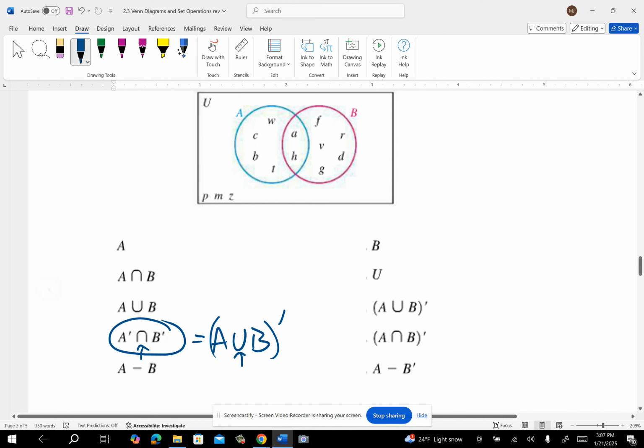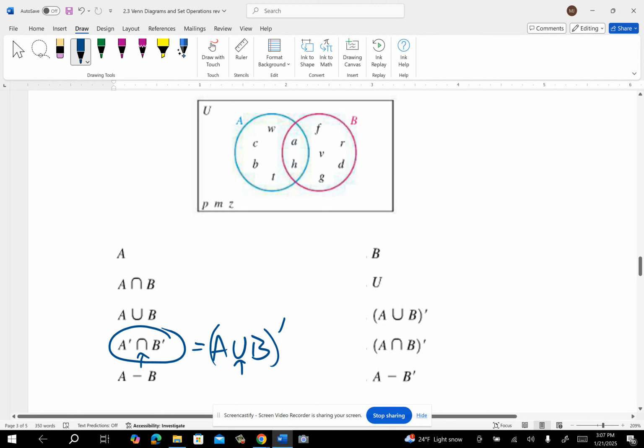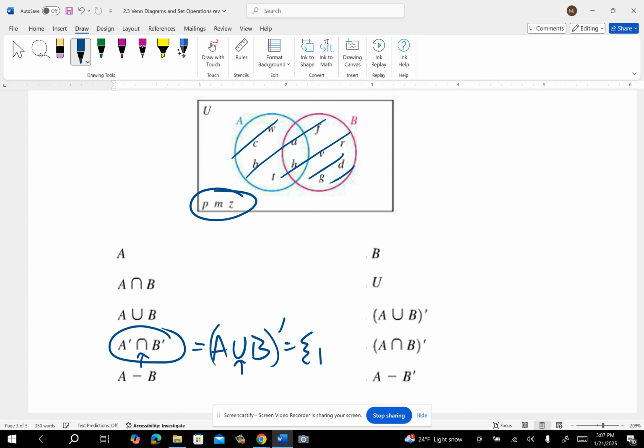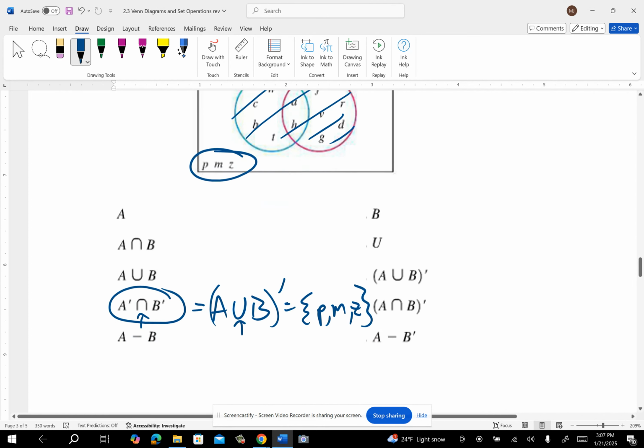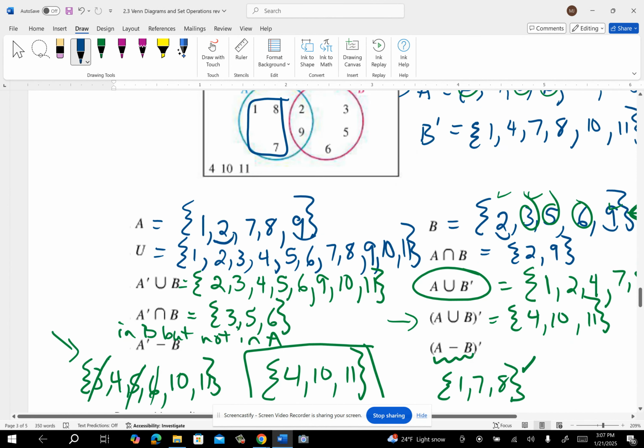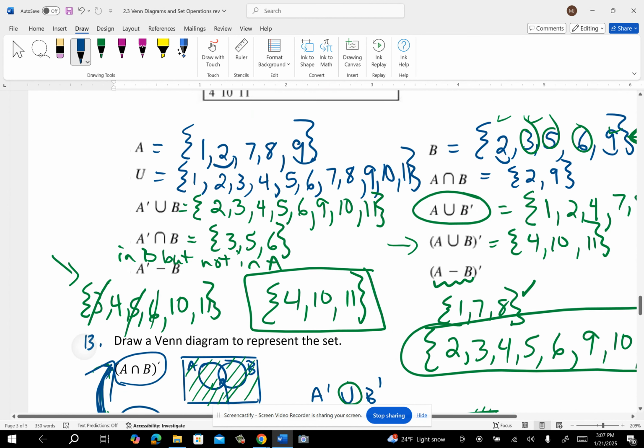If I did A union B first, that would be here, so the complement would just be outside that, and I'm done. I know it's going to be the set PMZ. It's that quick. So sometimes knowing about De Morgan's law can enable you to work a problem quickly.